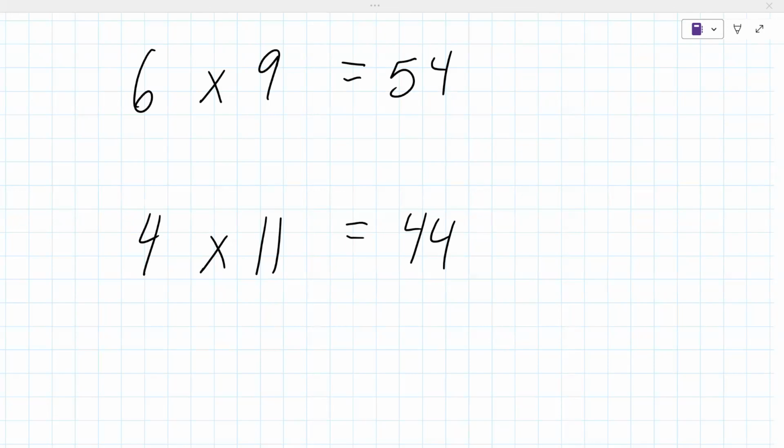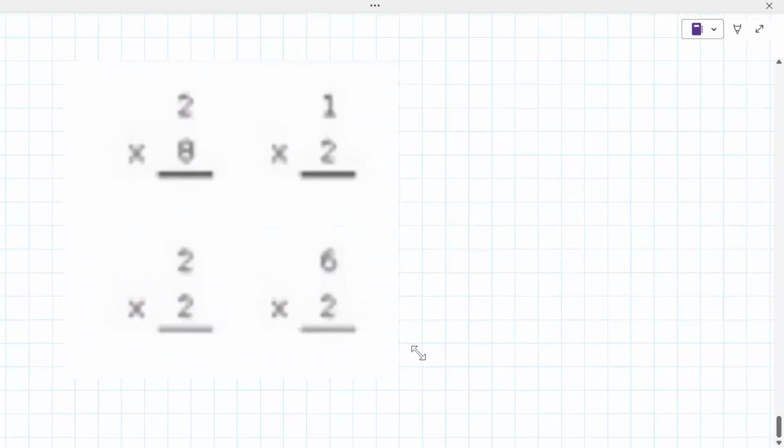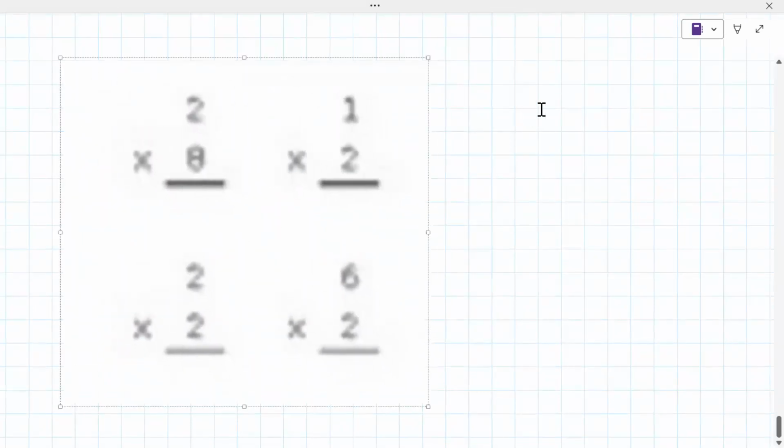I'm just trying to find some that have a few more options on them. I don't know if this will be legible or not. Let me try this here. All right, are these clear or not? No. All right, that's fair. All right, so let me do it this way.